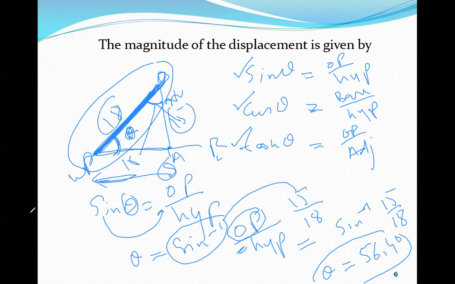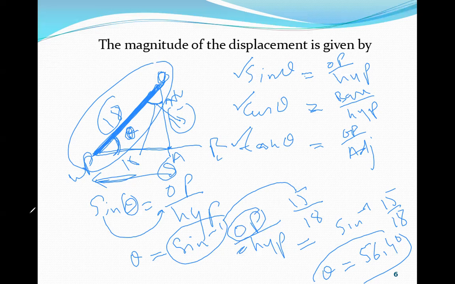Sometimes they provide a rectangle, and we break the rectangle into two triangles. It depends upon the question. When they want displacement, they basically want a straight line from the initial to the end. We will not add all; we will only use the Pythagoras theorem if needed.